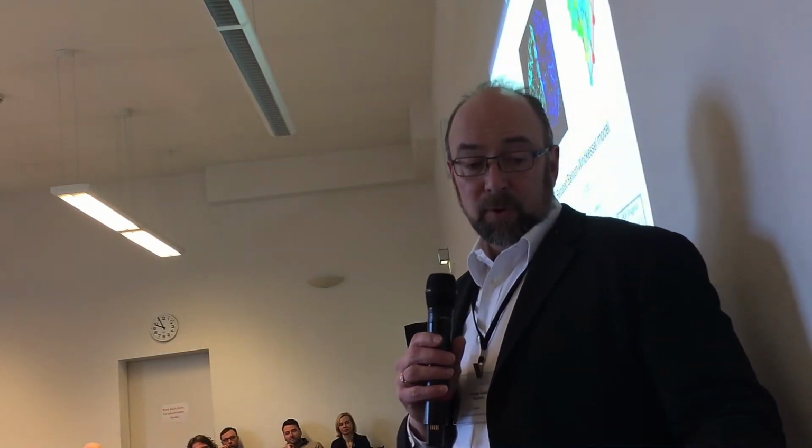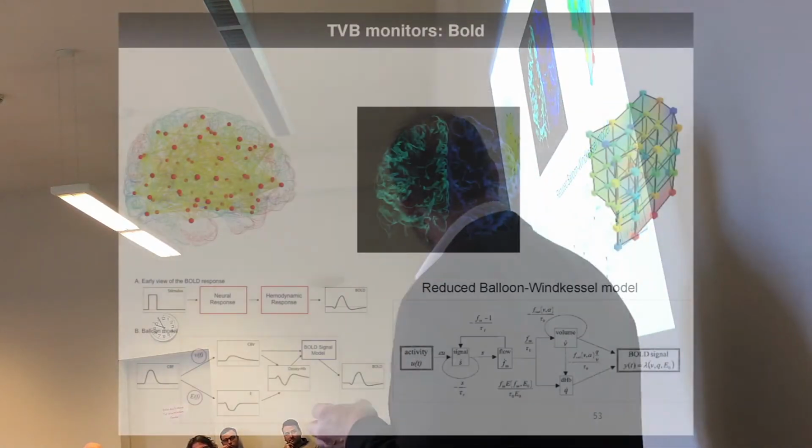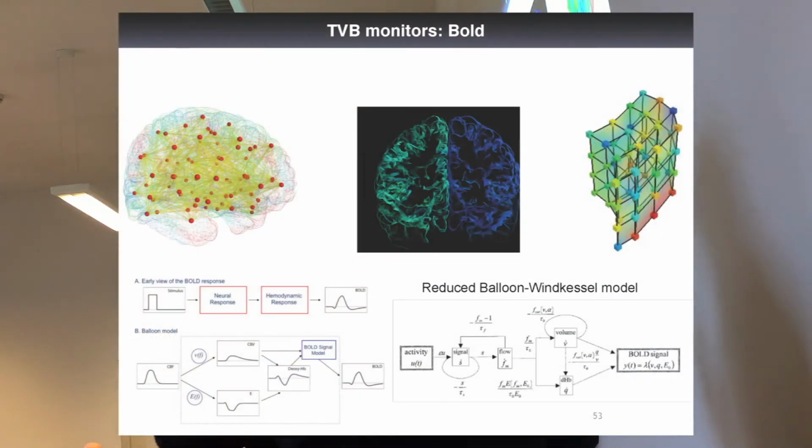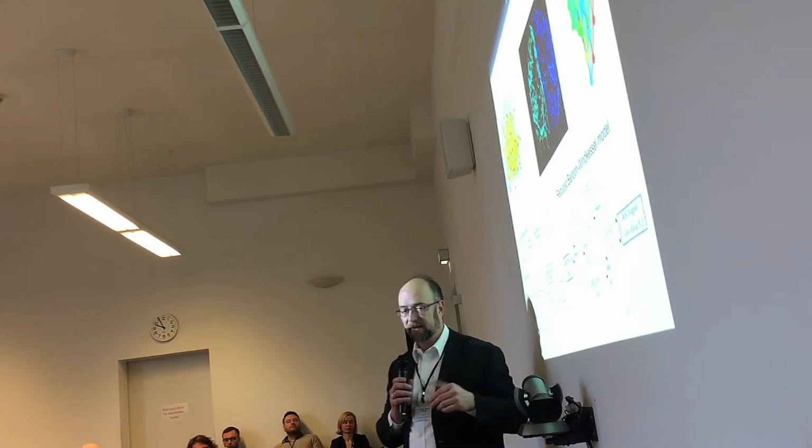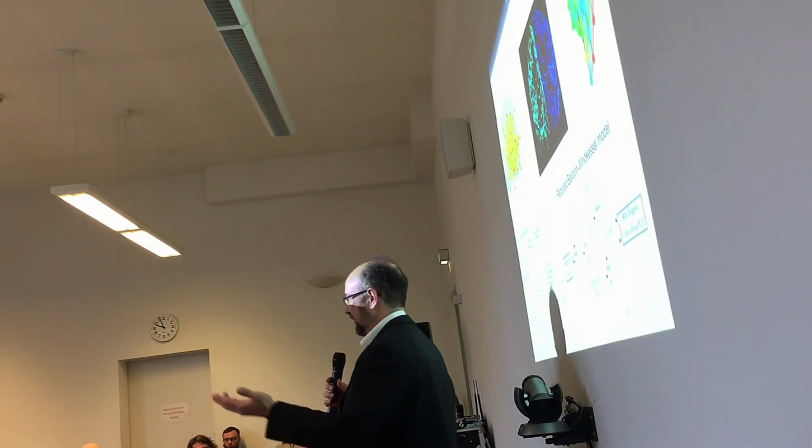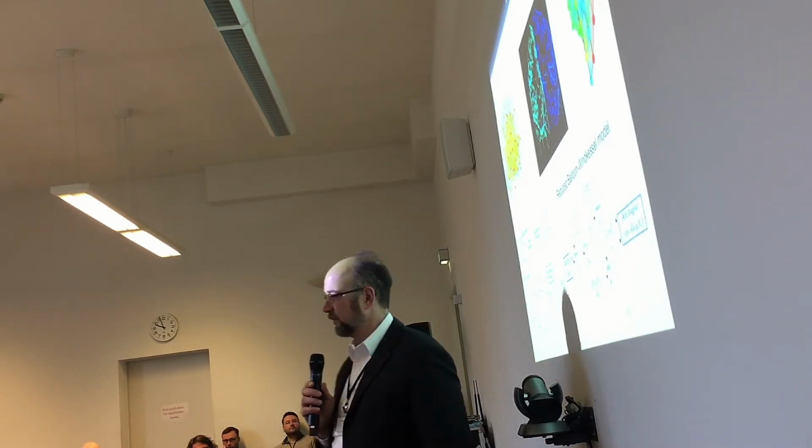For the BOLD monitor, we're using the reduced balloon Windkessel model, which looks at the conversion of the neural response to a hemodynamic response, and then generates the sluggish BOLD response that's now ubiquitous across the fMRI literature. That's what generates the functional connectivity matrices that everybody's using right now to analyze large-scale networks in various species.